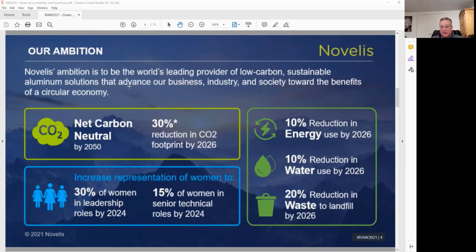This is particularly the case if a company were to rely solely on prime aluminum, and that is aluminum that comes directly from the conversion of alumina into aluminum.